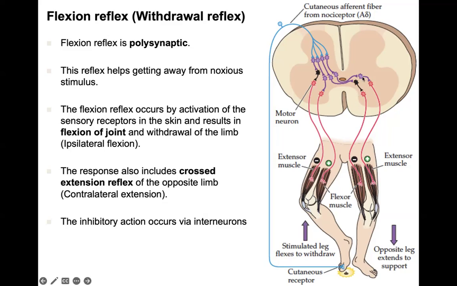Same idea: you excite the extensor muscle, and here you have inhibitory neurons that inhibit the flexor muscle. So this is another example of movement without the signal from the brain, without the thinking command.